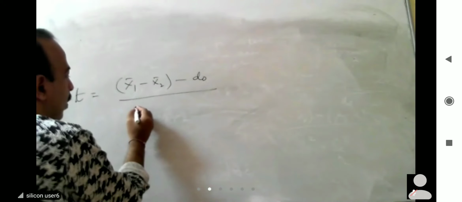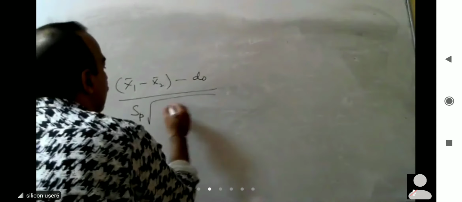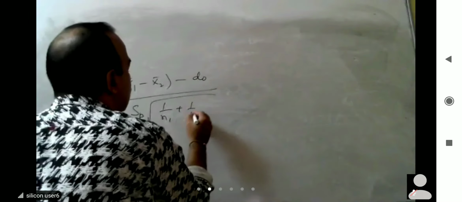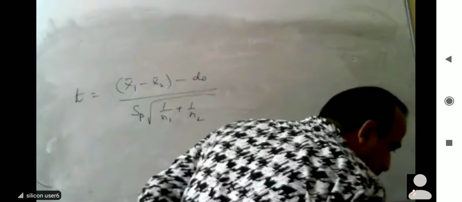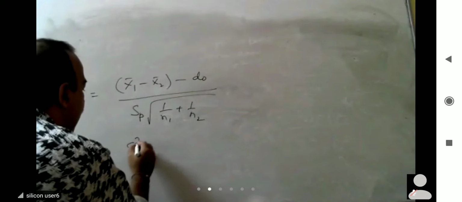What is the T formula? x1 bar minus x2 bar, divided by SP times square root of 1 by n1 plus 1 by n2. This is important. What is SP? Pooled standard deviation, where SP square is the pooled variance.